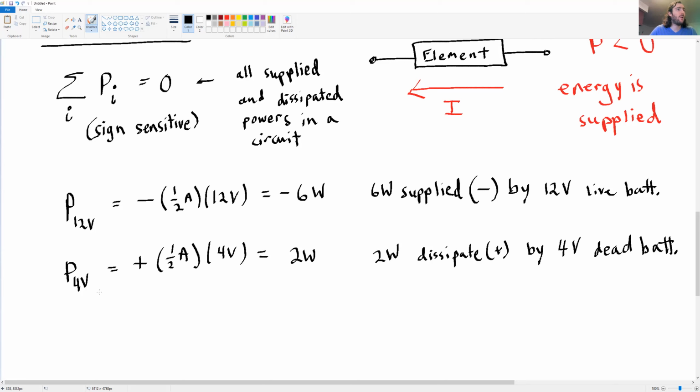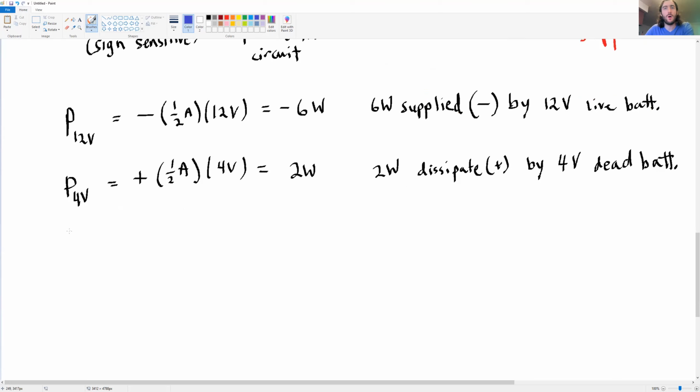How much power is being supplied by the live battery as a whole, right? So the live battery has some of the power that it's supplying dissipated by its internal resistance. So now I will ask you guys to finish this example off by calculating the following thing. So now this is an example for you guys to work on.